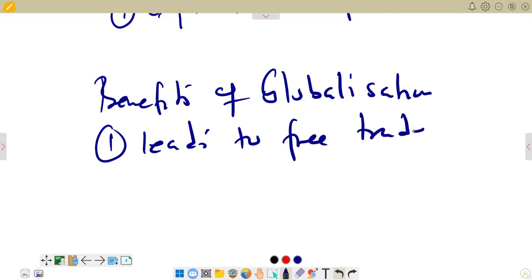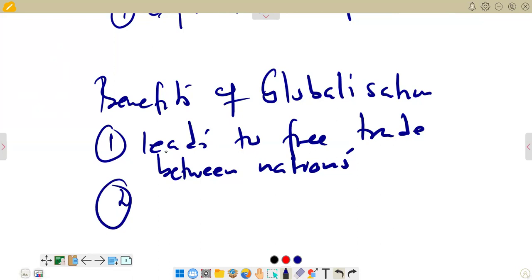So when there's free trade, it means even the consumers are going to benefit as the choice base is going to be widened. They are now free to choose from many sources of products, and they can make choices of their own. So there's no limited choice when we embark on globalization. So this is one of the benefits that we can deduce from globalization.